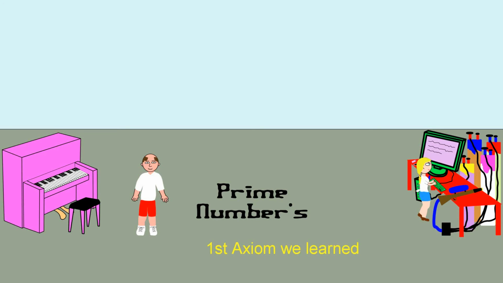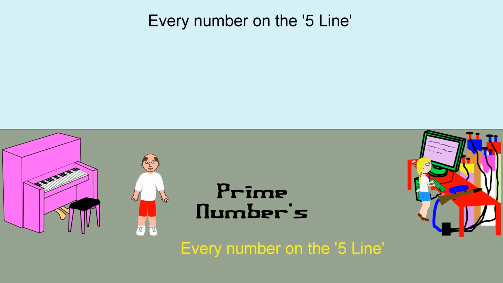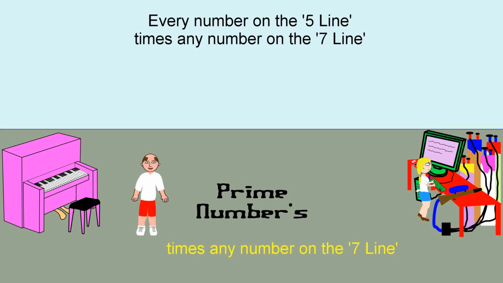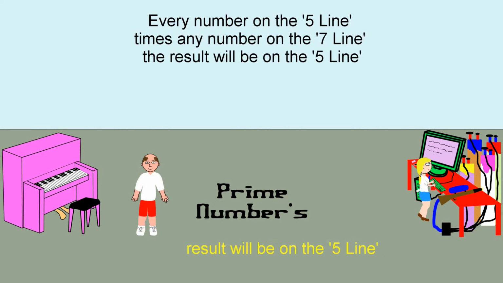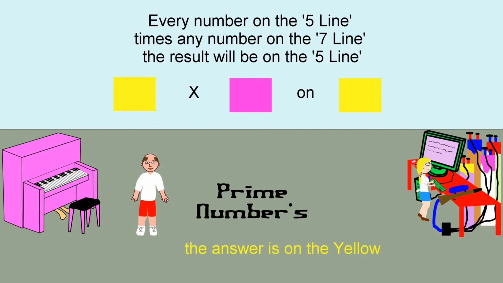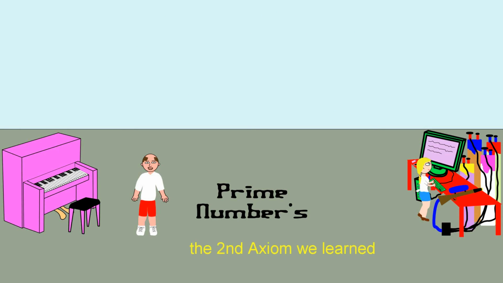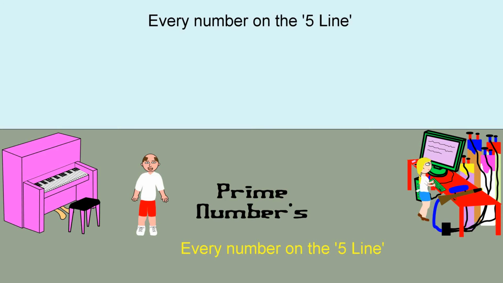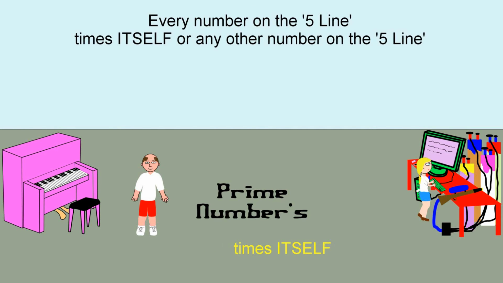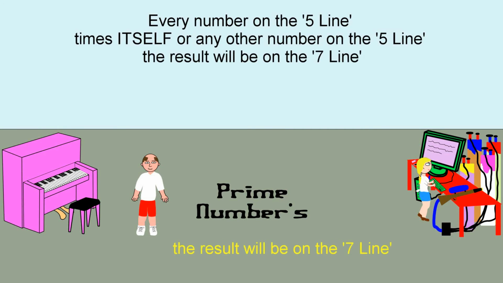First axiom we learned, every number on the 5 line times any number on the 7 line, the result will be on the 5 line. So what that means now is, any yellow one times any red one, the answer is on the yellow. The second axiom we learned, every number on the 5 line times itself, or any other number on the 5 line, the result will be on the 7 line.